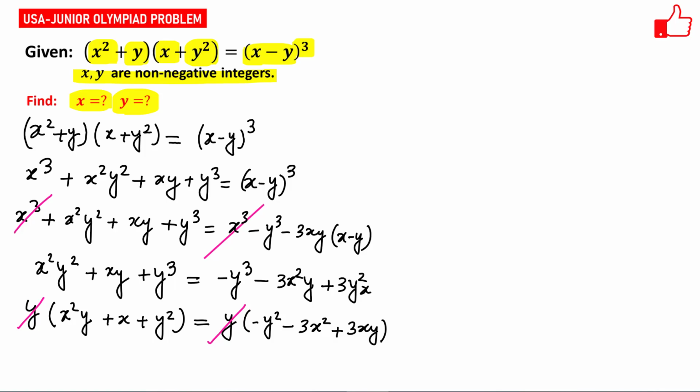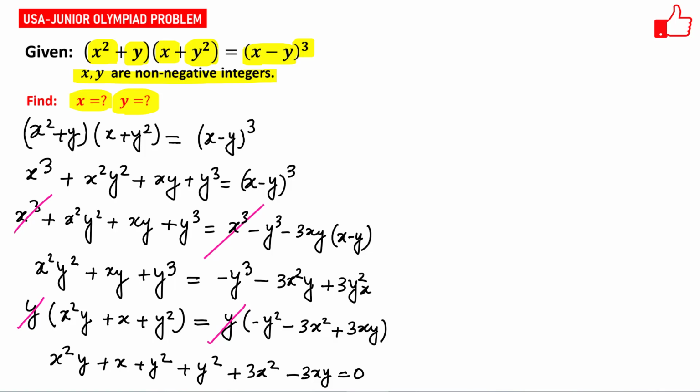So after cancellation, what is left? I have x²y + x + y², and let us take everything to the left-hand side. So this becomes plus y², and this is plus 3x² minus 3xy, equal to 0.